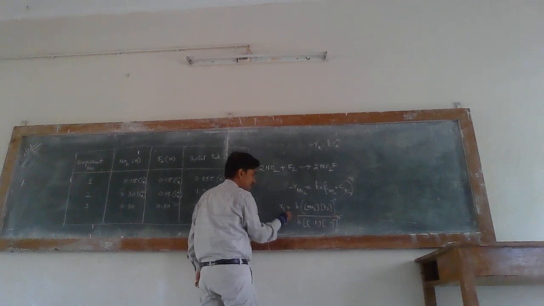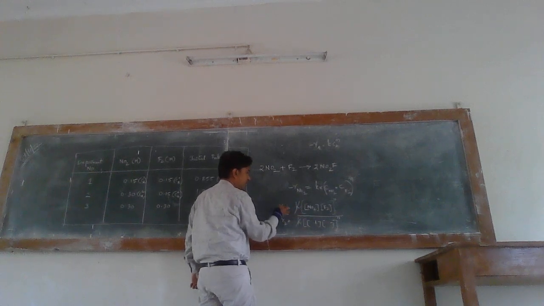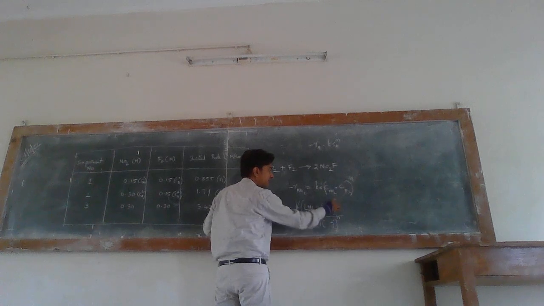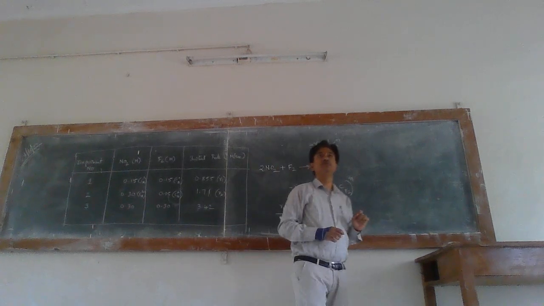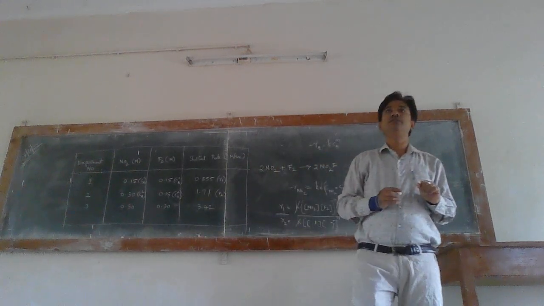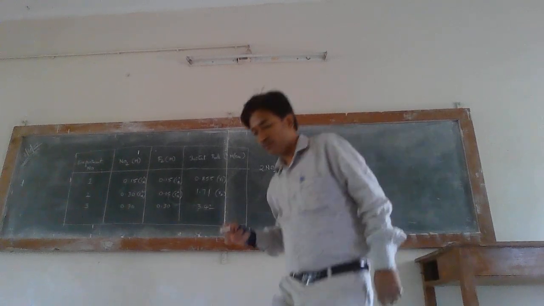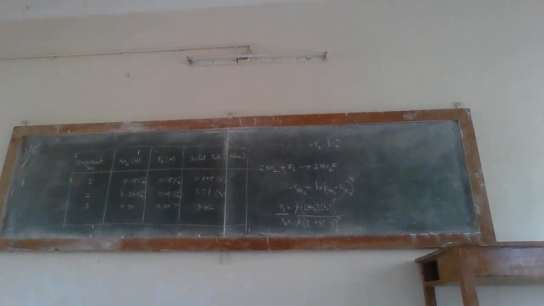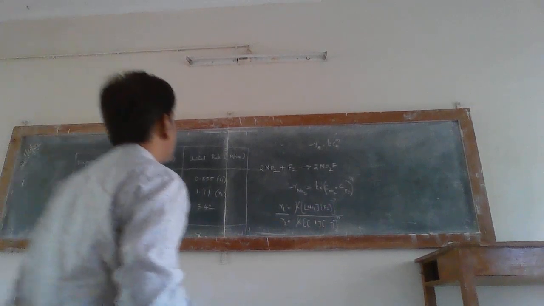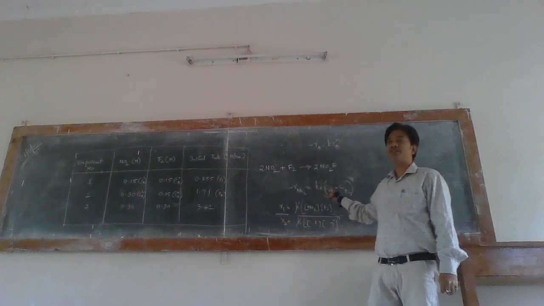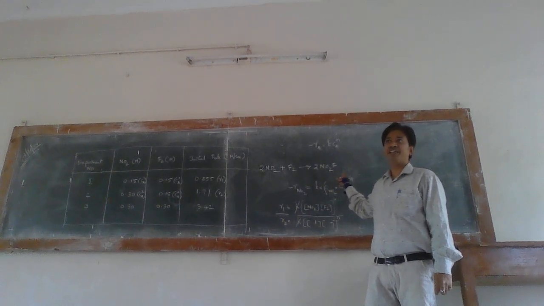Now if I divide, because I know the R1 value, I know the R2 value, I know these concentration values, can I get the n value? Yes, do it then. Understood? The rate is the concentrations power n.